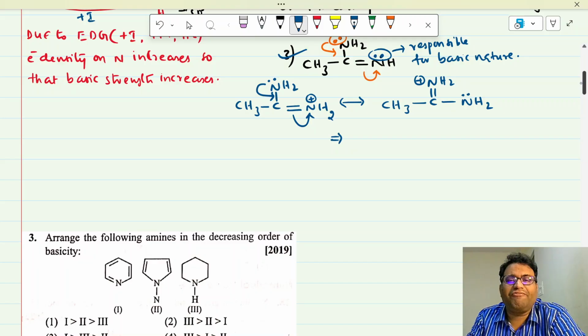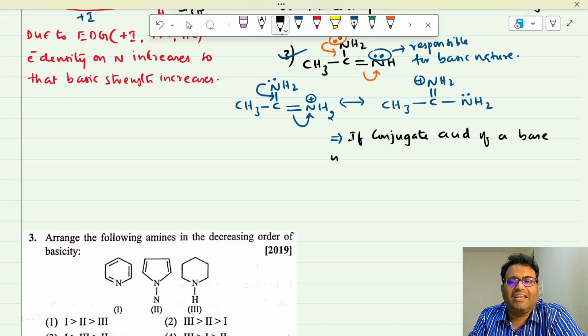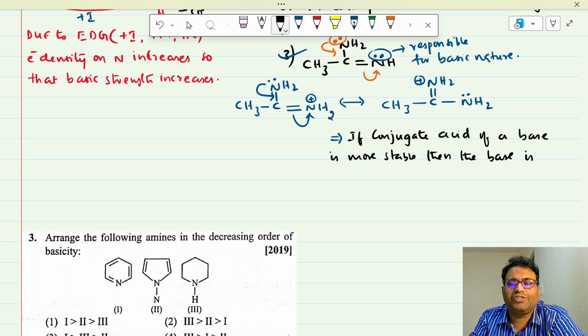So we say that if the conjugate acid of a base is more stable, then the base is a strong base.